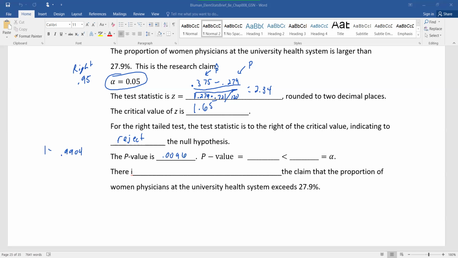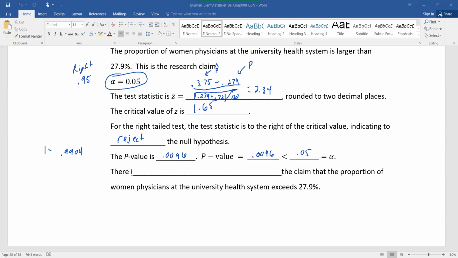Yep, that's right. Okay, so we get 0.0096. So we'll write it again. It's less than our significance level of 0.05.